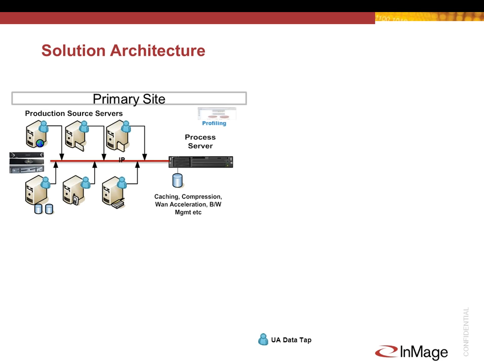It does the caching, queuing, compression, bandwidth management, reporting, everything that it needs to optimize that replication is done on that process server. The reason for that is we want to keep the agent extremely lightweight. It typically runs at about 1% CPU utilization during a write transaction. Other than that, it sits dormant.